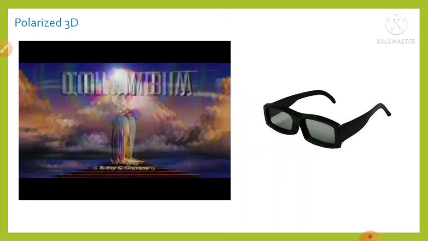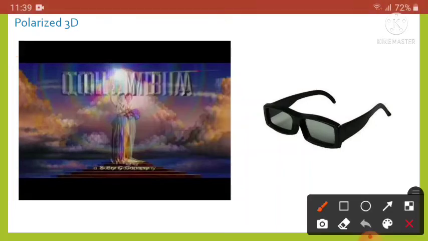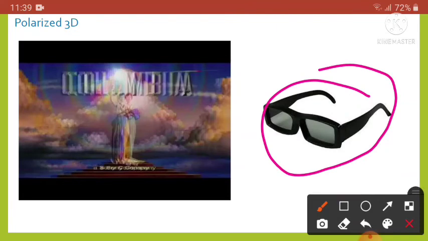The glasses used by the viewers also use polarizing filters. These glasses only allow similarly polarized light to pass. The light polarized in the opposite direction is blocked. So each eye only sees the image meant for it. The perception of 3D is created by projecting the same screen into both eyes using slightly different perspectives.